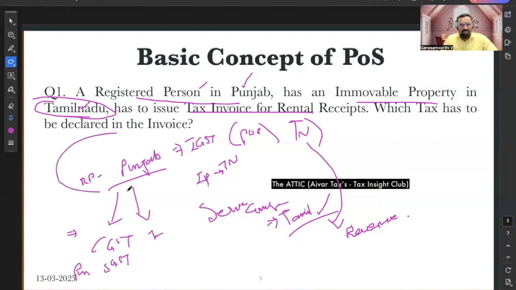Hence, the only option available to him is to collect IGST and properly mention the place of supply as Tamil Nadu, to carry forward the revenue to the Tamil Nadu government. Based on this principle only, the place of supply rules and sections are formed. I hope you could understand that, and we will see the next example.